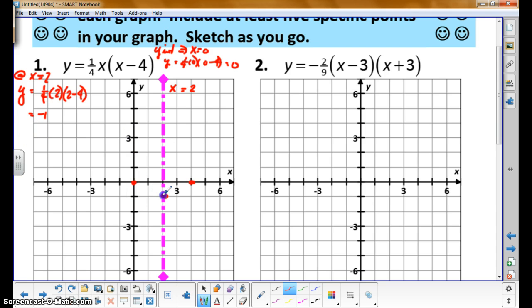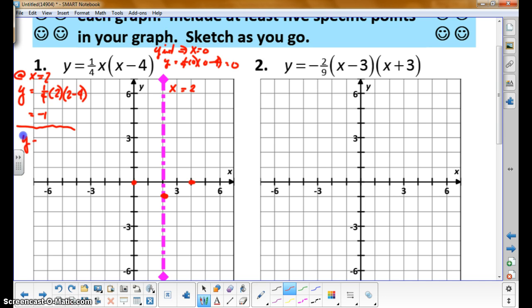Since these are 2 apart, I'm going to choose, let's say, positive 6, and let's see what we get. You can choose really any point, but positive 6 I suspect is going to give us an integer, and that makes it nice to plot.